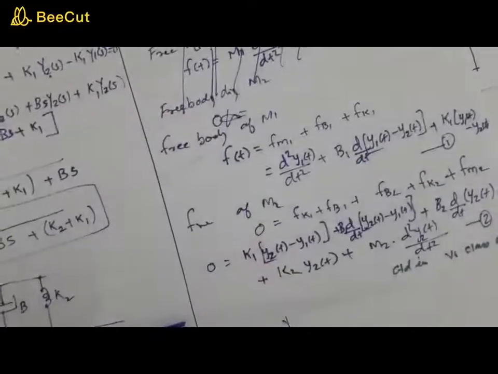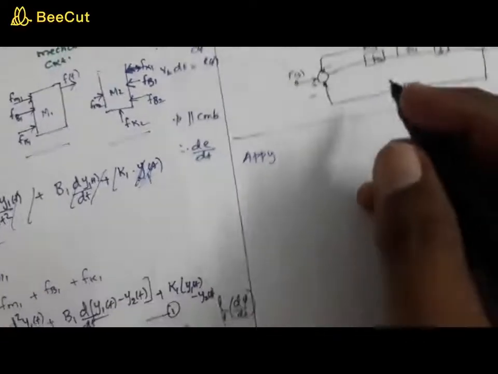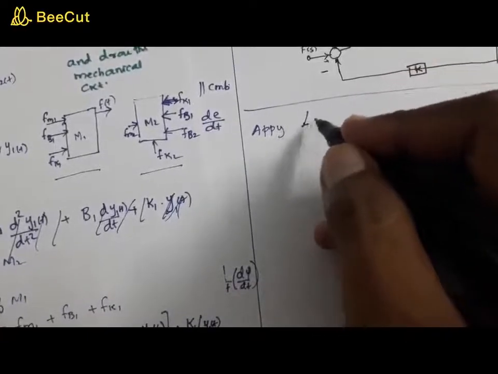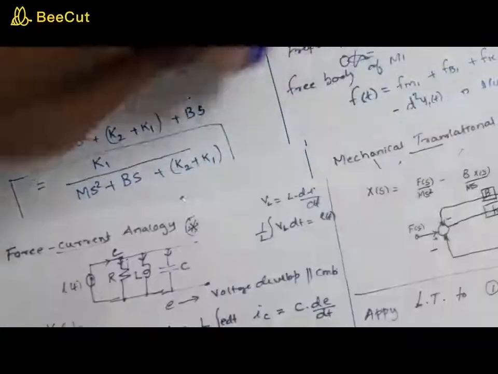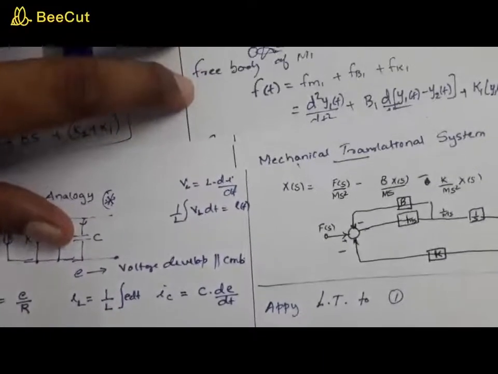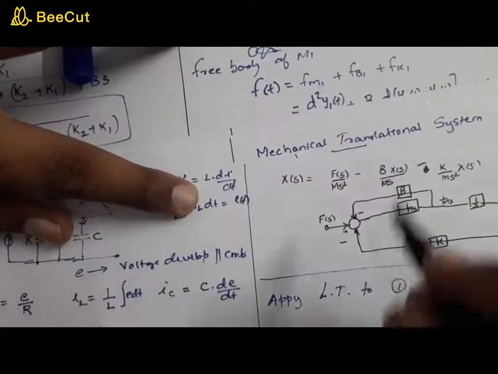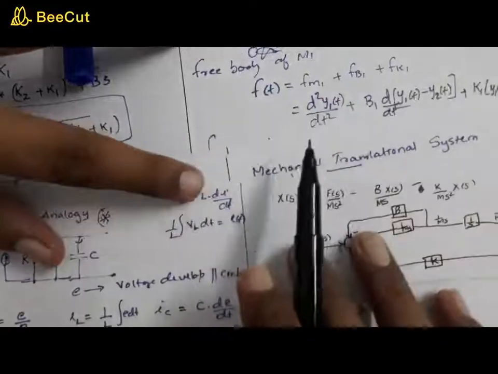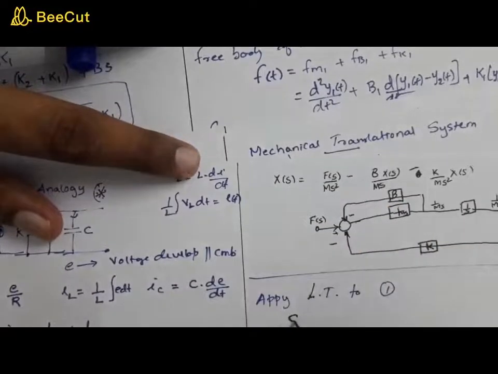It's not KVL, applying Laplace transform to equation 1. So let's see what that is. Equation 1, okay, this is the equation, right? Applying Laplace transform to this equation, d square y of t by dt square becomes s square into y1 of s.